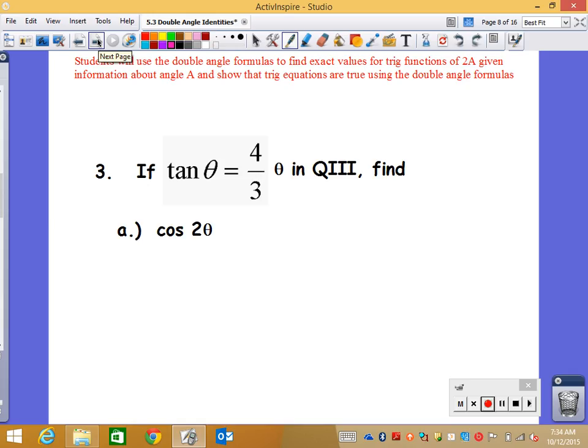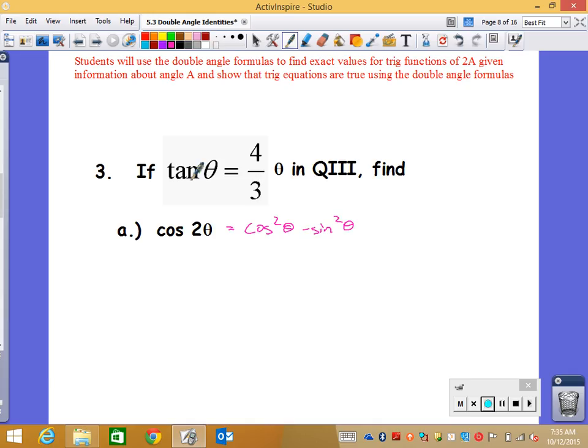Alright. Tangent theta is equal to 4/3, and theta is in quadrant 3. Find cosine of 2 theta. Now, let's use the only cosine double angle that we haven't used, which is cosine squared of theta minus the sine squared of theta.